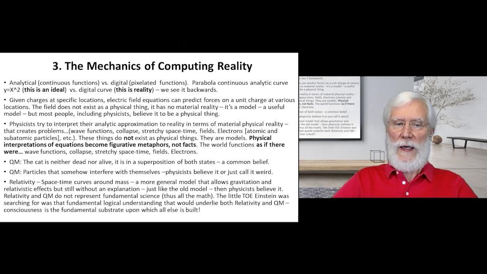So relativity and quantum mechanics both do not represent fundamental science. That's why you've got all the math. If they represented fundamental science, you wouldn't see much math. All you'd see is logic, just an explanation. But relativity and quantum are knee-deep in math. If you're not advanced in math, then you won't understand either one.